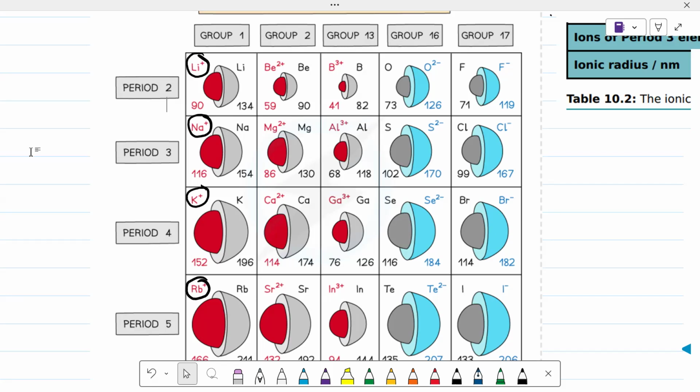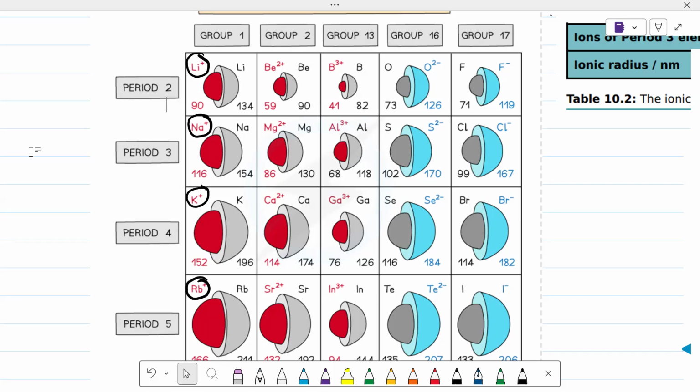So the electrons feel the greater nuclear pull, and so the electrons are closer together, and so the radius of that ion also decreases. Yes, because now there is more electrostatic force of attraction, right?